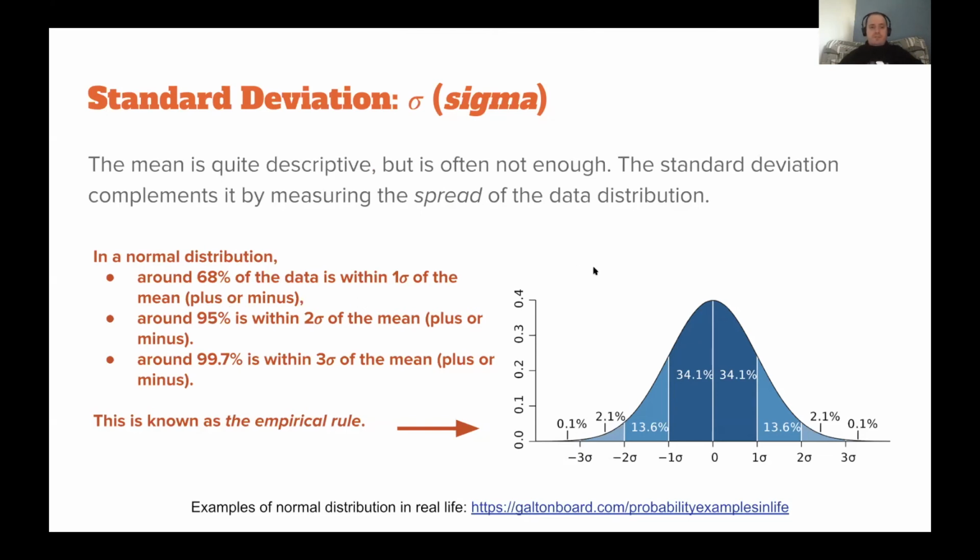If you do it again and you expand 1 more standard deviation minus or plus, then you actually get 99.7% of the data points. So there's very little. Anything that falls more than 3 standard deviations to the left of the mean or more than 3 standard deviations to the right of the mean, you can consider as being outliers.